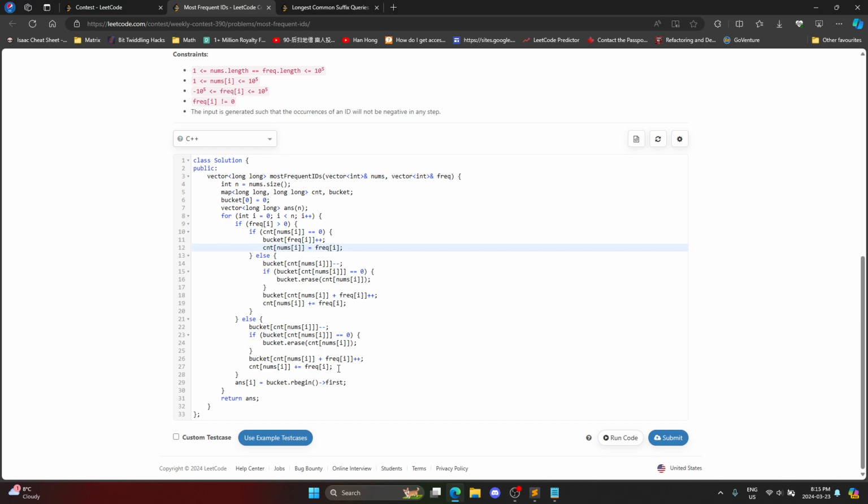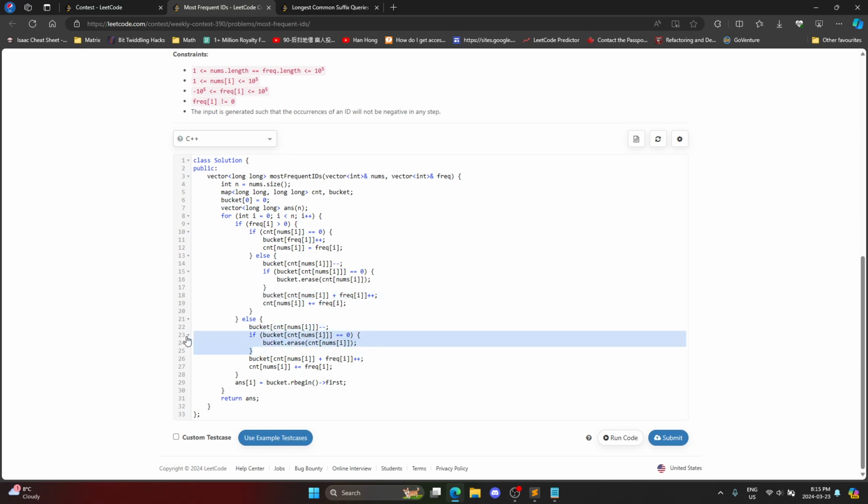Let's say this first step: whatever frequency we have for this ID, I move it out of this bucket because I'm increasing its frequency, so it doesn't belong in this frequency bucket anymore. It belongs in this new frequency, and the same thing happens when you decrease it.